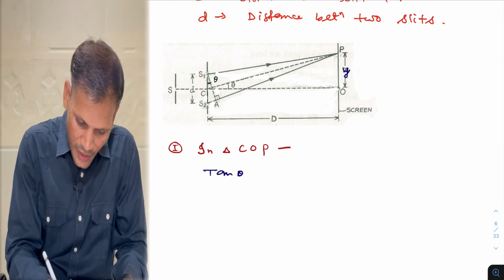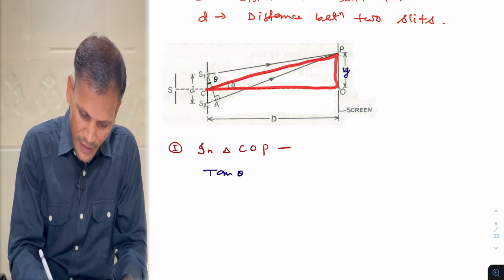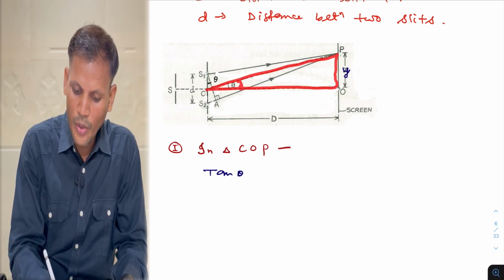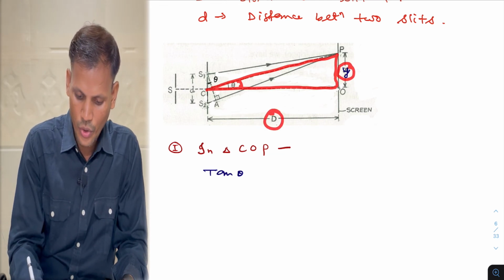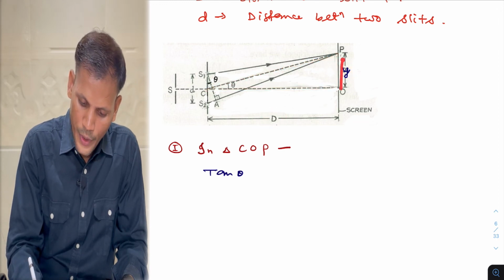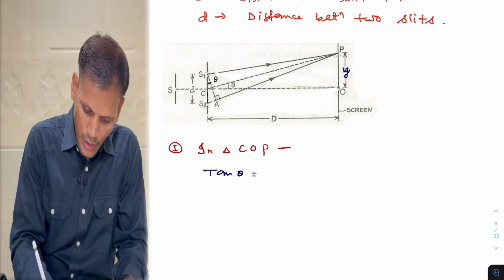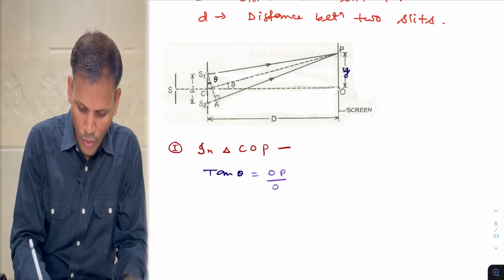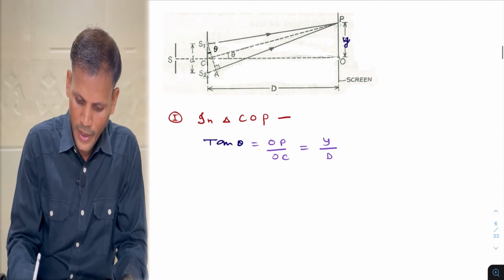Once again we are taking this triangle, and theta is here. Tan theta will be opposite upon adjacent. So directly I will write OP upon OC. OP is y and OC is D, so y by D.